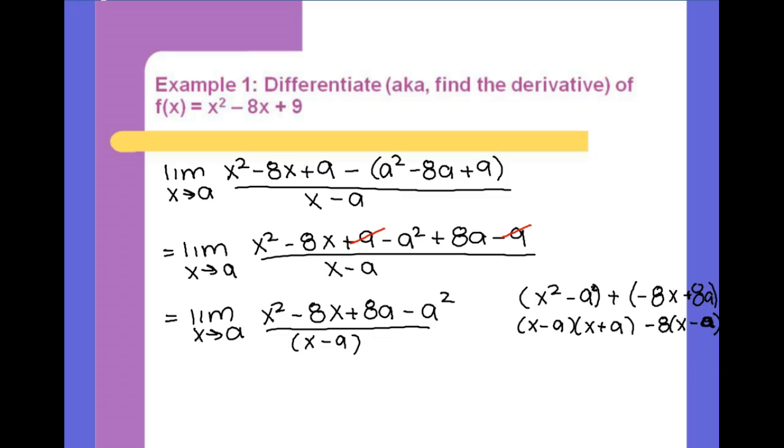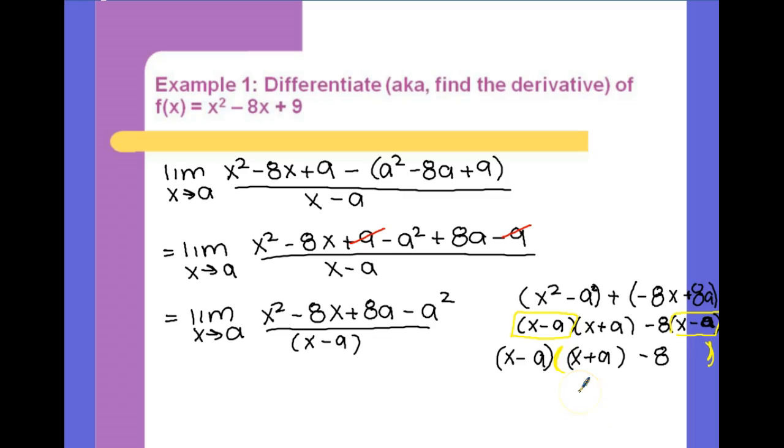So now, this has an x minus a, and this has an x minus a. So by laws of algebra, I can take an x minus a out because I could ultimately distribute it back in. So if I take it away, that leaves x plus a minus 8.